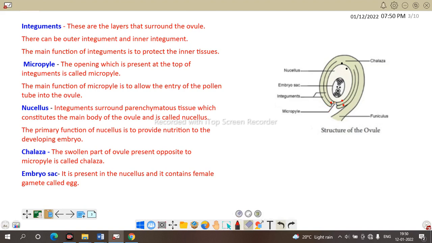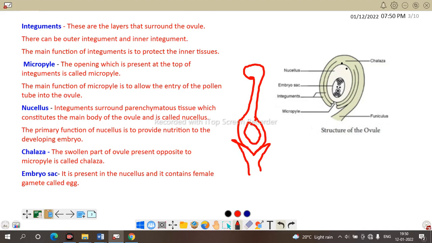If this is an ovary, here is the ovule. The pollen tube travels through the style and reaches the embryo sac through the opening called the micropyle. Here is the micropylar end, the opening of the ovule.